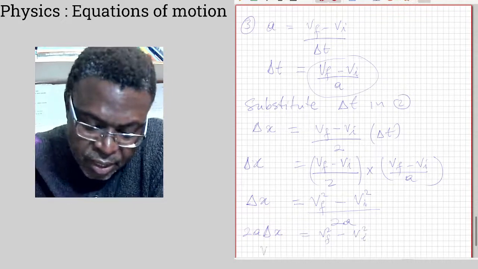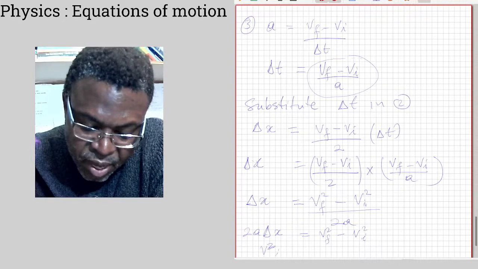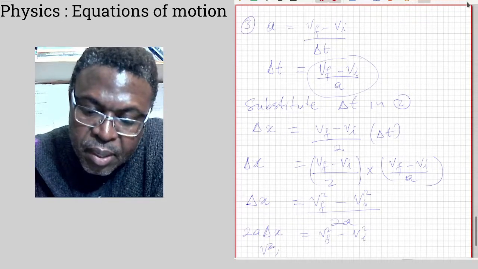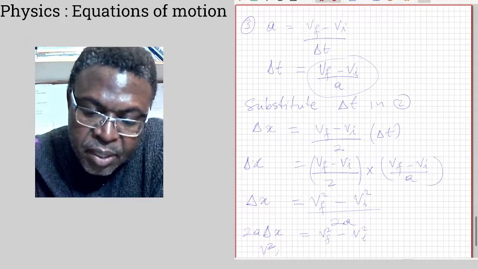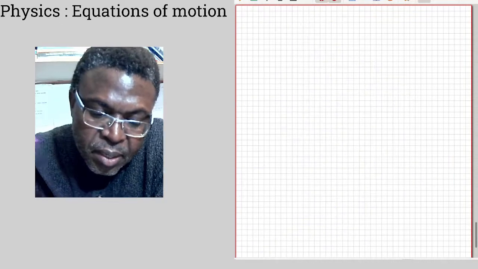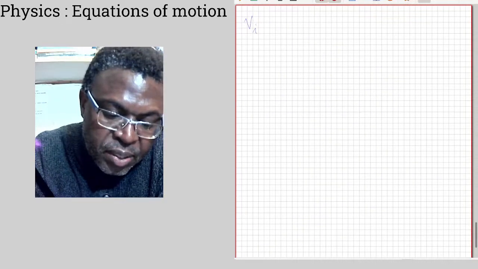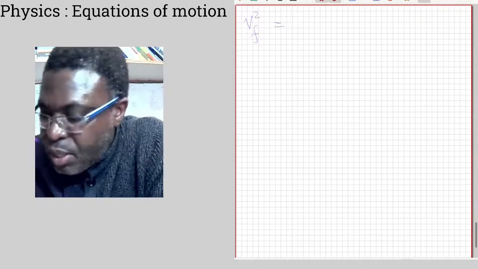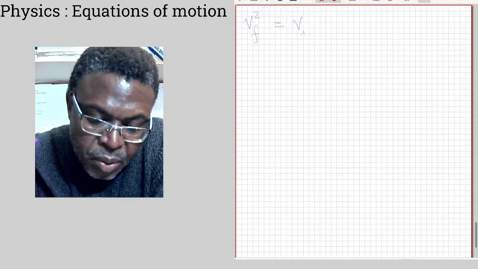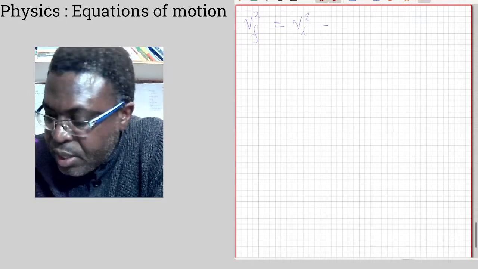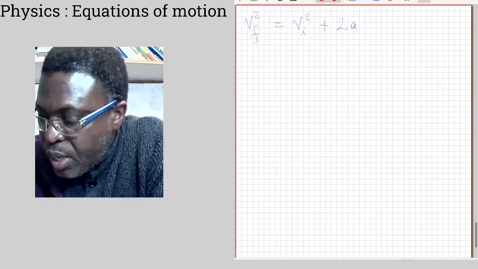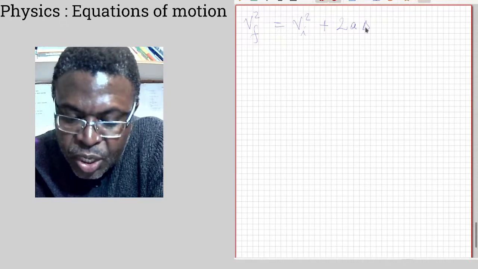The end result is final velocity squared, Vf squared, is equal to Vi squared plus 2a change in x.